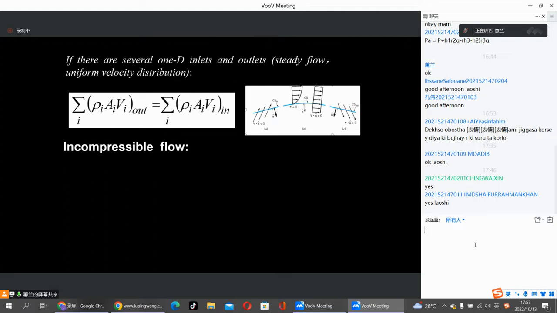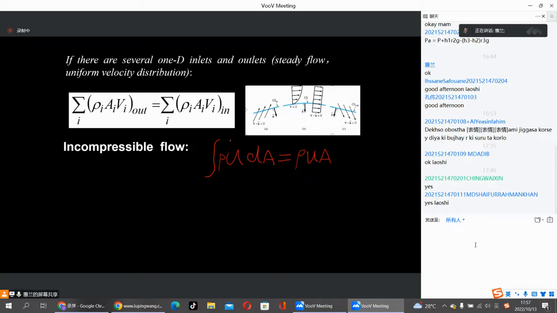If there are several 1D inlets and outlets and also steady flow, uniform velocity distribution, the calculation will be easy. Because if it's 1D and the velocity is perpendicular to the control surface, we will have U times the area times the density, right?